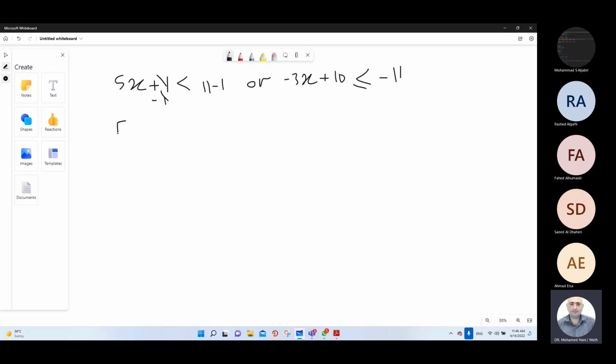Here 5x less than 11 minus 1 will be 10. Then divide the two sides here by 5. So 5x divided by 5 will be x, less than 10 divided by 5 will be 2.